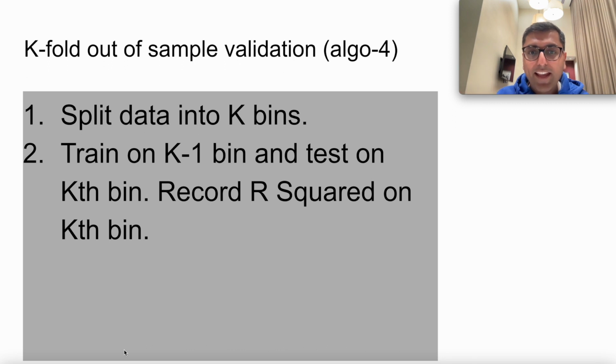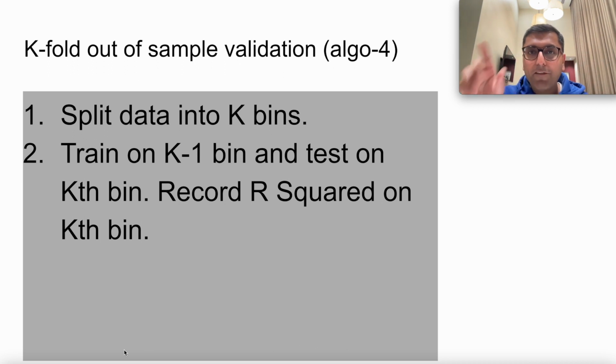And then you check what the R squared is, right? If you remember from the last chapter, it explains what percentage of the dependent variable's prediction is explained by the independent variables. That's R squared. So you do that for the kth bin, and then you shift.